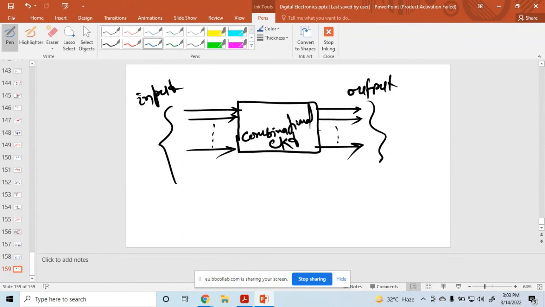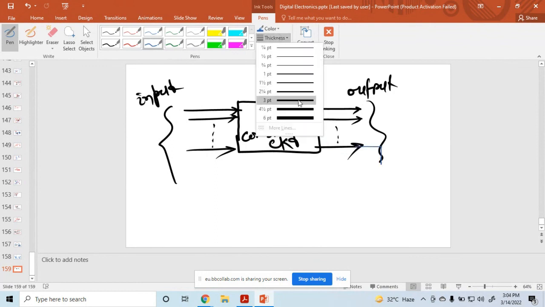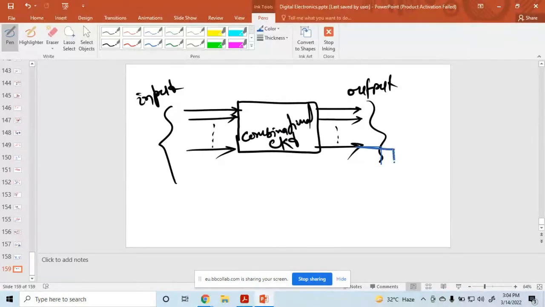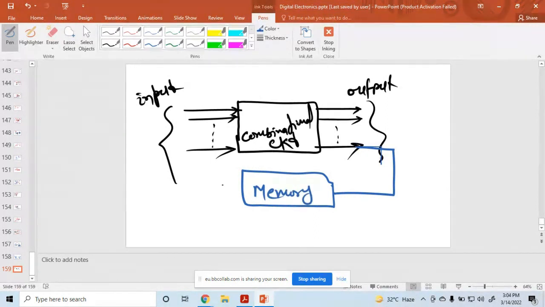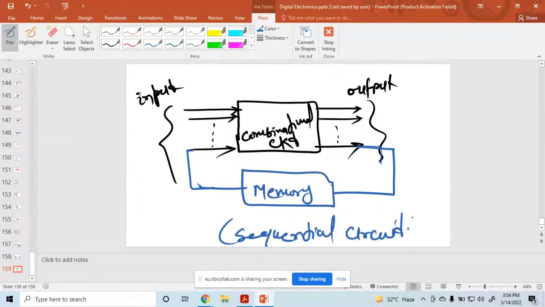Here we connect one memory, and this memory comes back here. So this whole circuit is called a sequential circuit. In the combinational circuit we add a memory, and this complete form is called a sequential circuit.